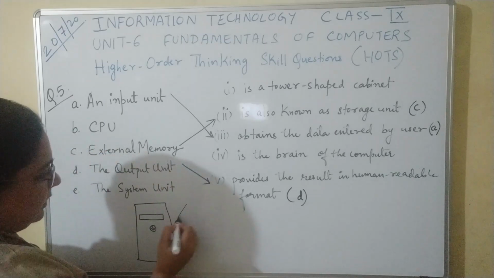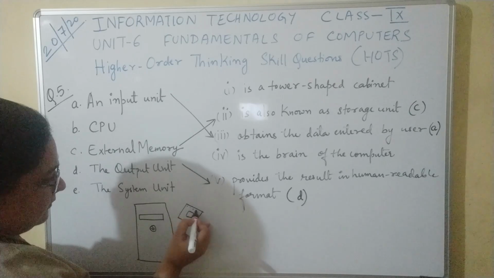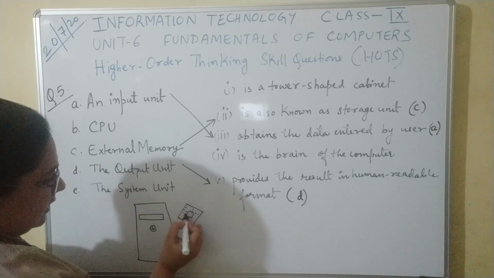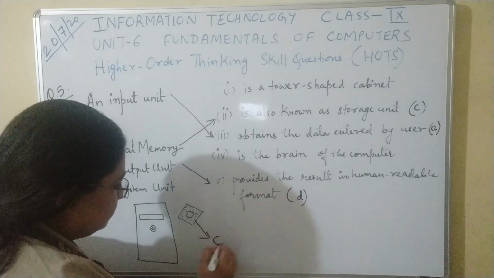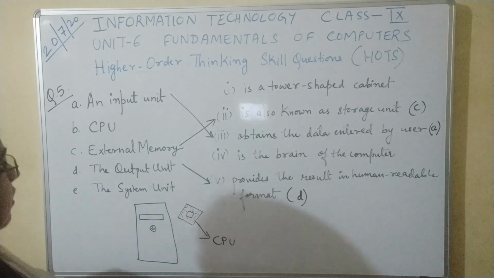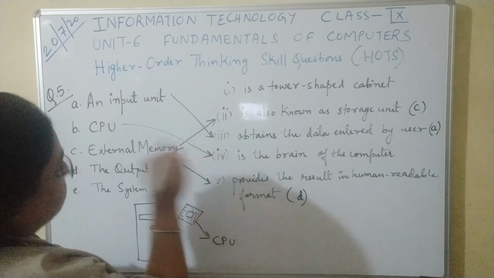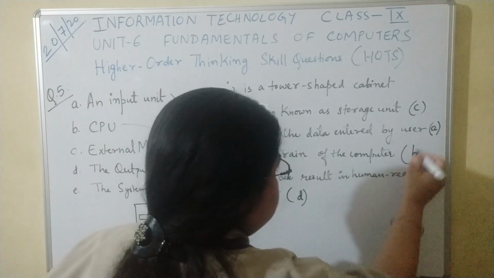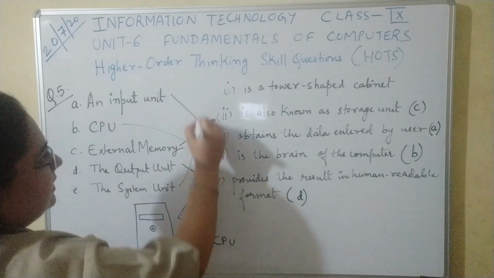Whereas your CPU is just a small microprocessor chip which is fit onto your motherboard. So this is the CPU, whereas this is your system unit. CPU is the brain of the computer, and the system unit is a tower shaped cabinet.